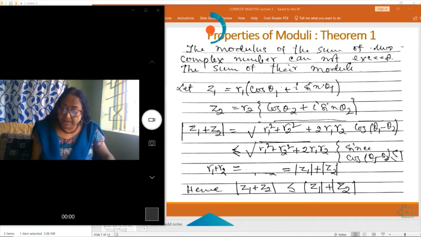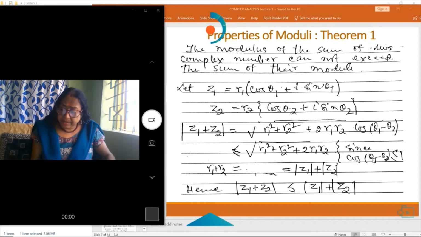Now, z1 plus z2, when added, we can write it as, for z1, we write r1 cos theta 1 plus i r1 sin theta 1, and similarly for z2.